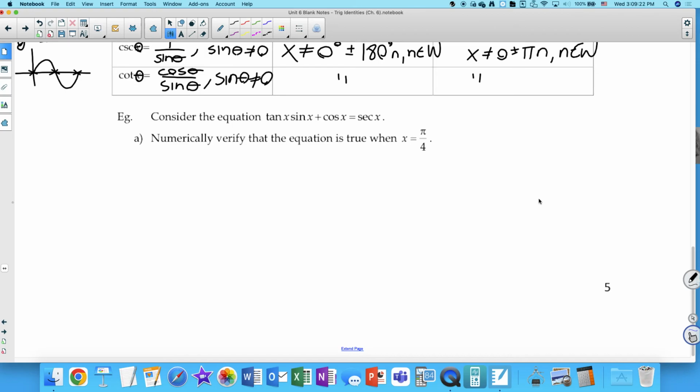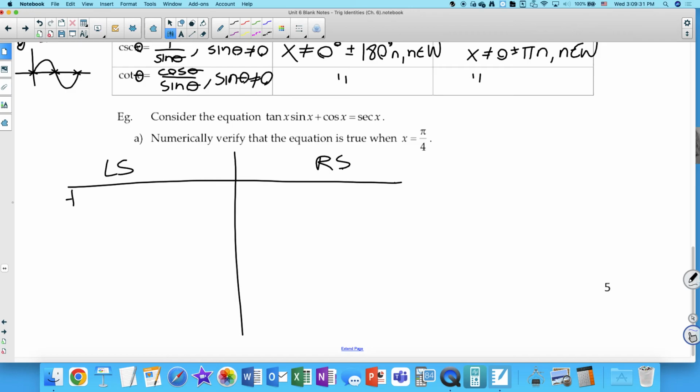So we have our left side and our right side. We've got tan pi over 4 times sine pi over 4 plus cosine pi over 4. And here we have secant pi over 4.